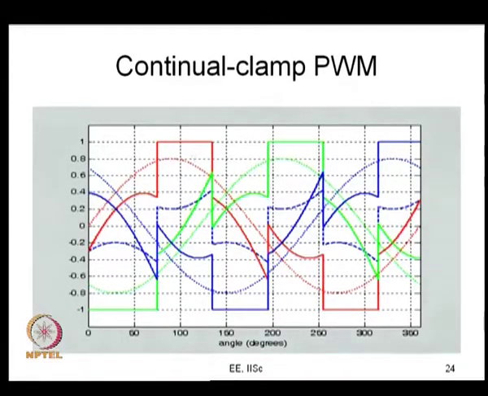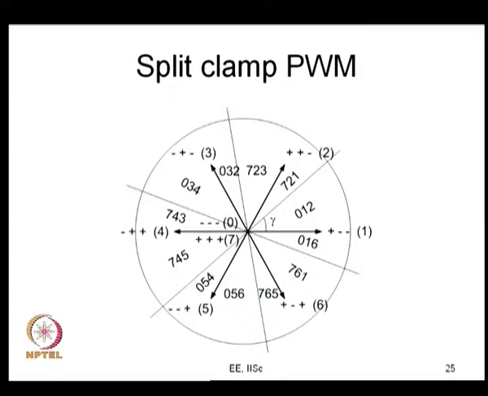Now we go to split clamp, which is again a generalization of what we saw before, that is 30-degree clamp. You have R phase clamped to the positive bus, here also you have R phase clamped to the positive bus.